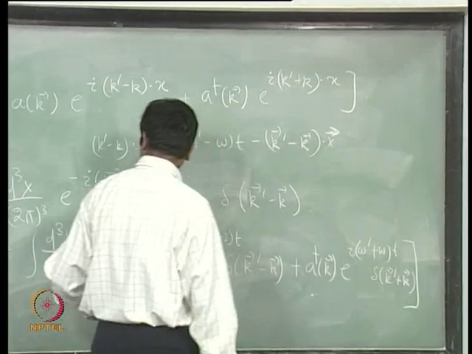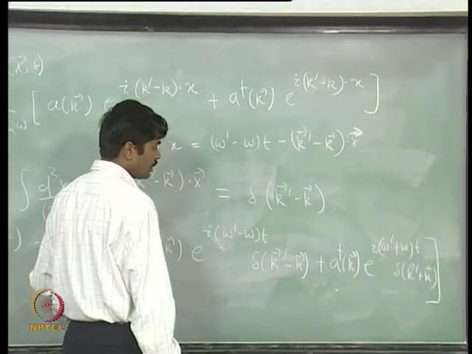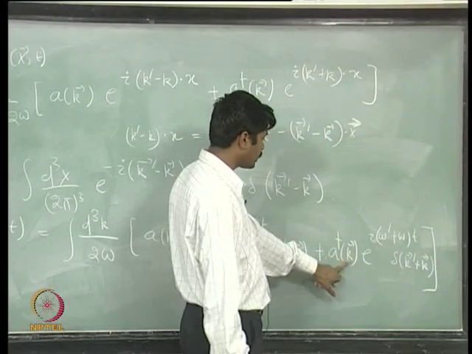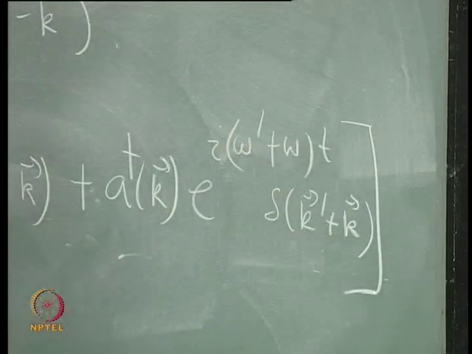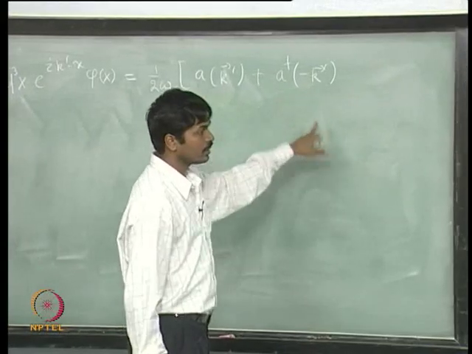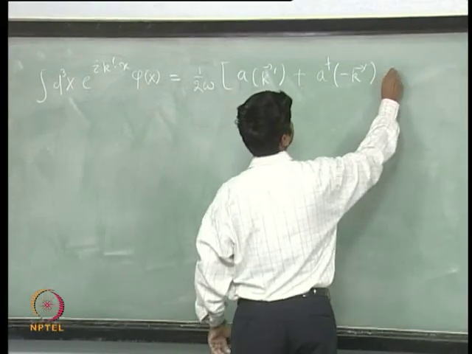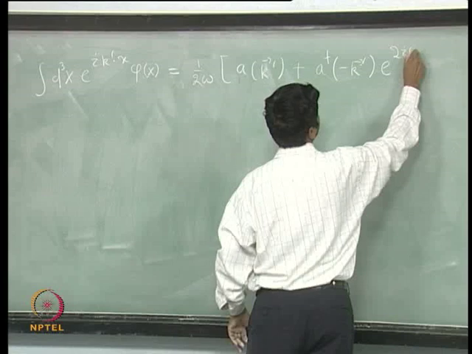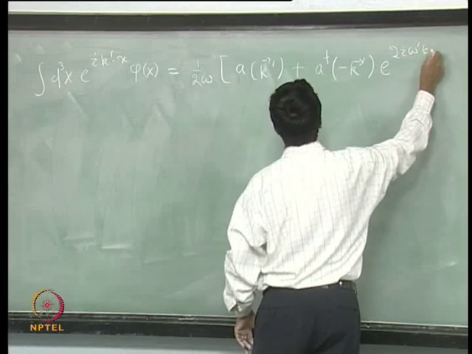So, when you carry out the integration over k, here you have to substitute k by minus k prime, which is what we have done here, and then e to the power 2i omega prime t.